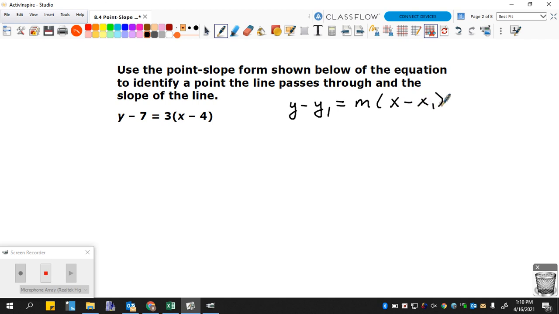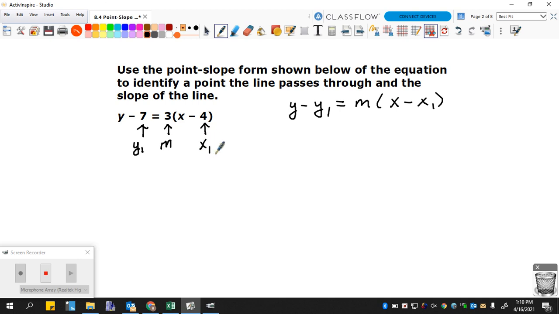So we notice here, first of all, that it's all subtracting. So y minus 7, so this is our y1. And 3 is our slope, that's our m, okay? And the 4 is our x1.